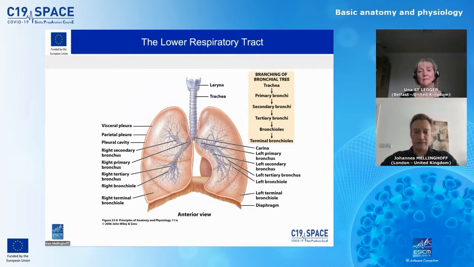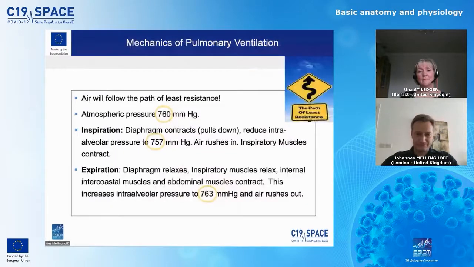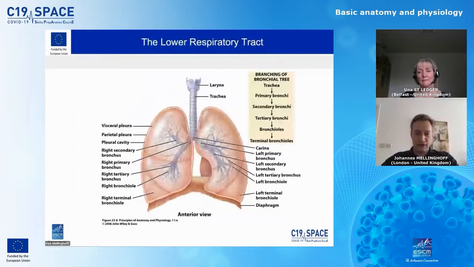Important to remember here is that we've got a place which is called the carina, which is here in the middle of the screen, as the right and the left bronchus will go to either side of the lung.